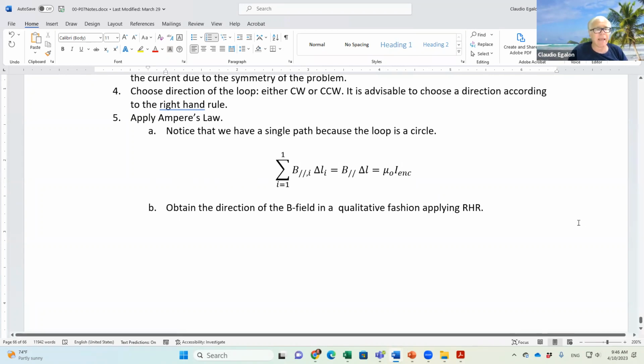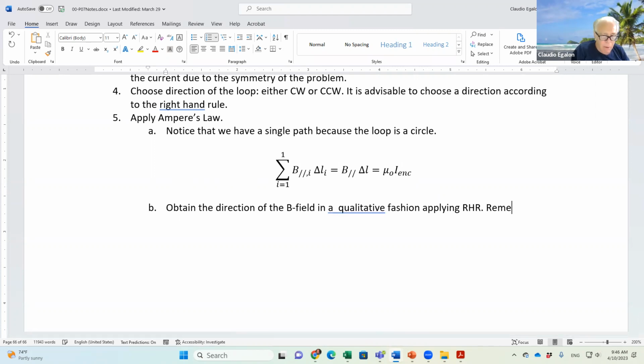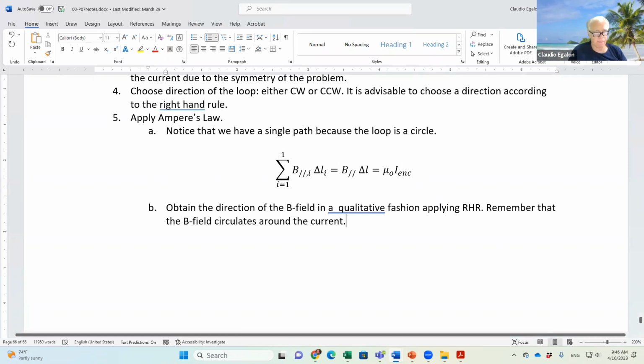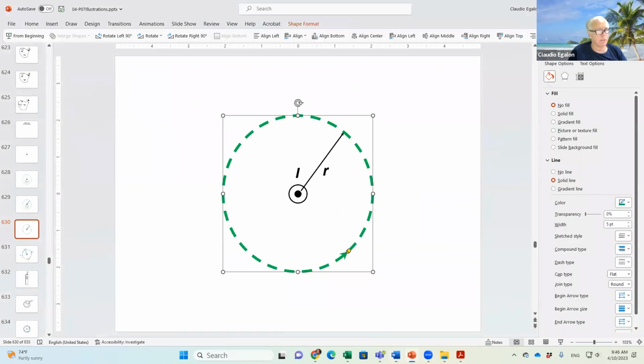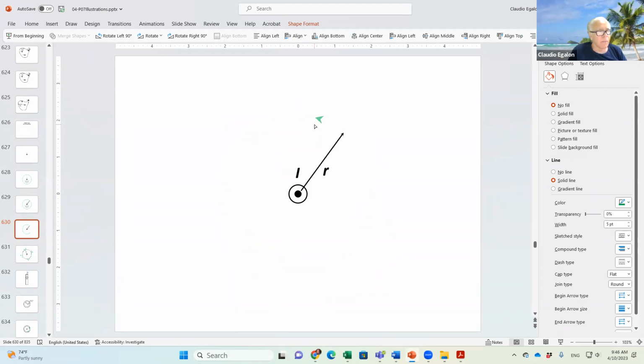Remember that the B field circulates around the current, right? Going back here. So I want to put this right in here, better, right?